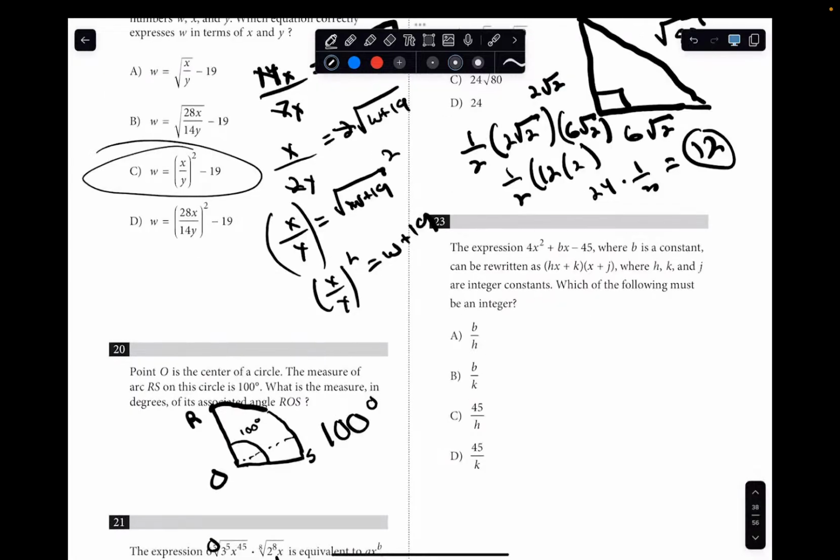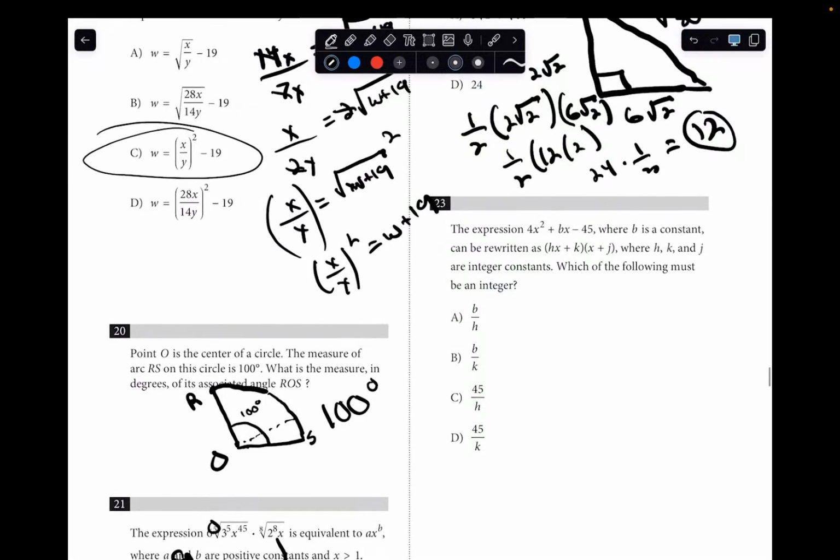The expression 4x squared plus bx minus 45, where b is a constant, can be written as hx plus k times x plus j, where h, k, and j are integer constants. Which of the following must be an integer?